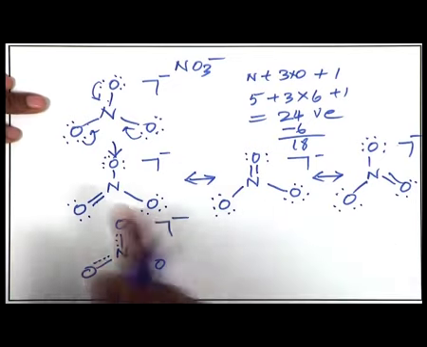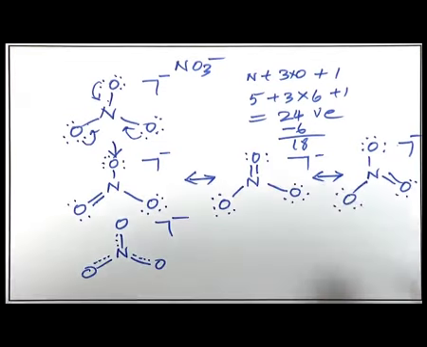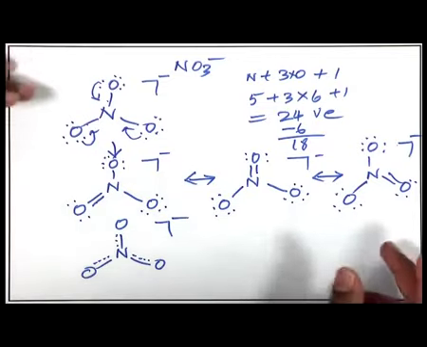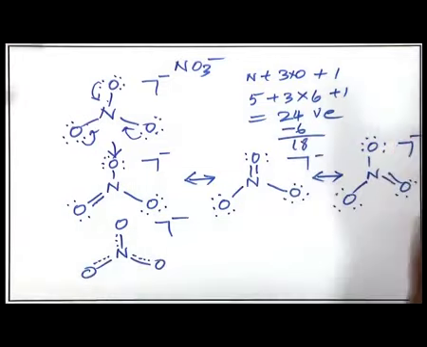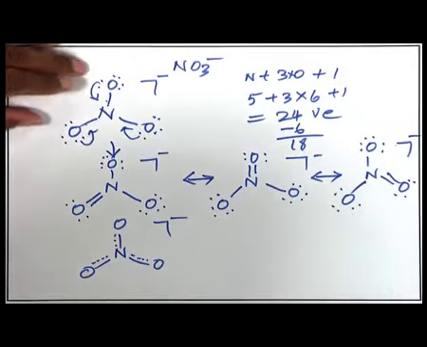That is why these are called resonance structures, canonical structures, or imaginary structures, because we designed them to understand the actual structure. But you have to keep in mind that they never existed at any time for NO3 minus; they are used to understand the actual electronic structure.